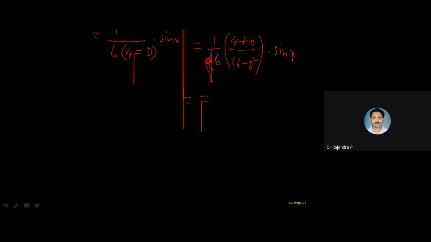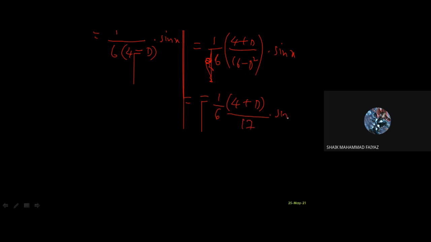Now, in the first step, simply replace D square with minus 1. 1 by 6 will be as it is, and 4 plus D in the numerator, keep it as it is. In the denominator, 16 minus of minus 1 will be 17.